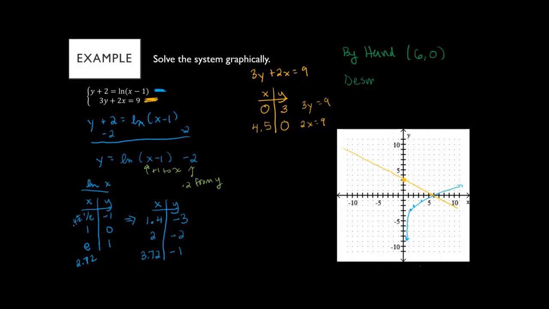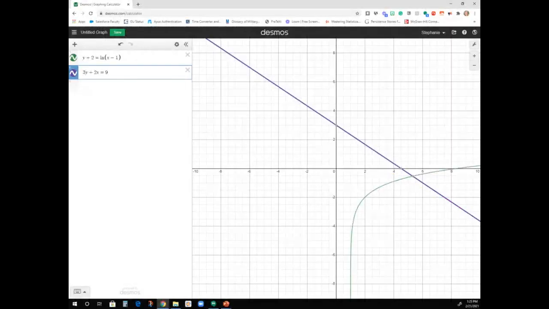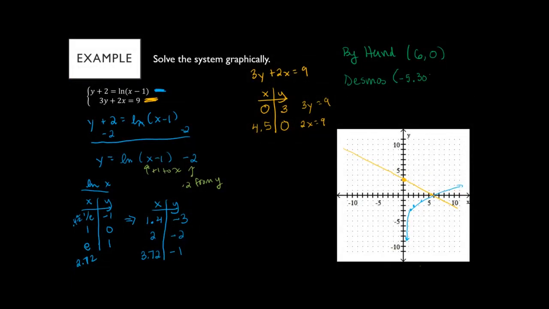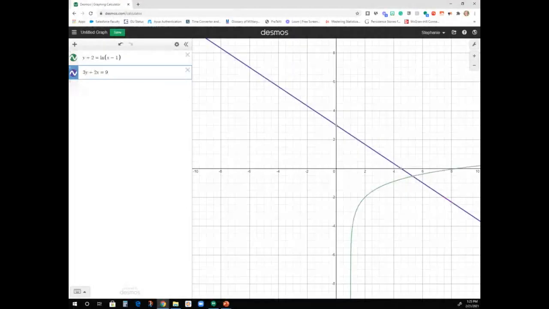So Desmos tells us the exact answer is 5.309, and then a negative 0.539.